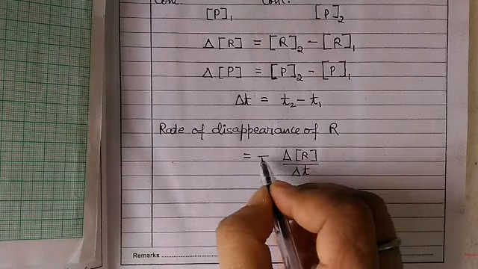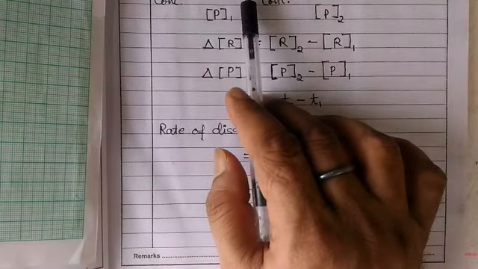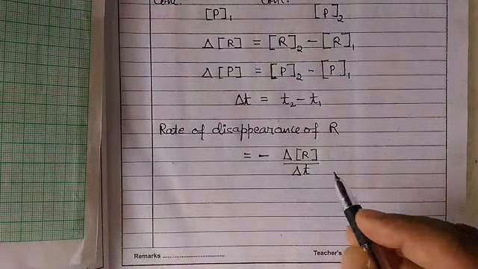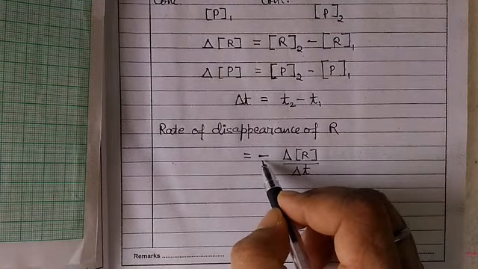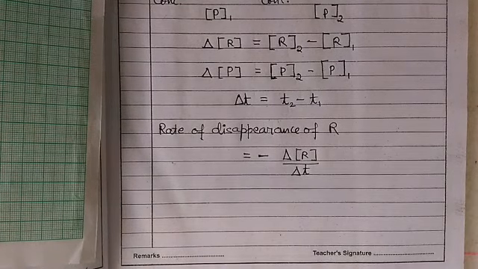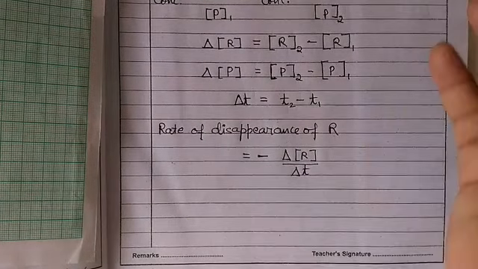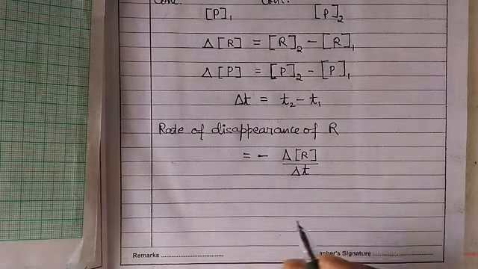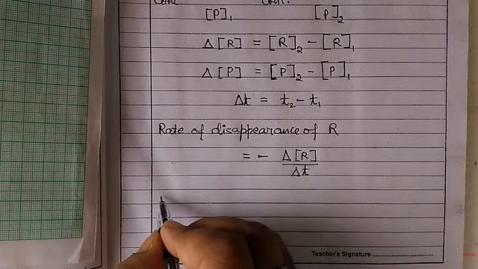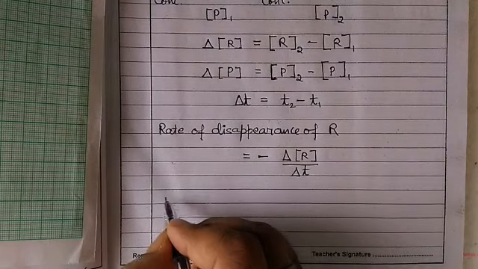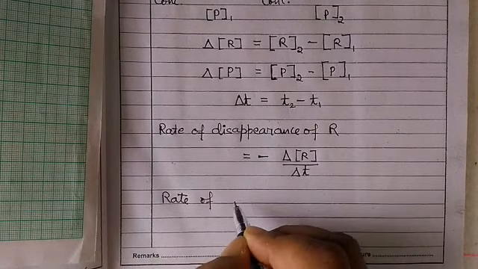Now why is this negative there? Actually, the reactants' concentration is decreasing, therefore to make it positive overall we have to put a negative sign in front of this value, so that in the overall calculation this will become positive. We can see it during numericals. Now this is the rate of disappearance of R, but in case of products it will be written as the rate of appearance. They are forming.